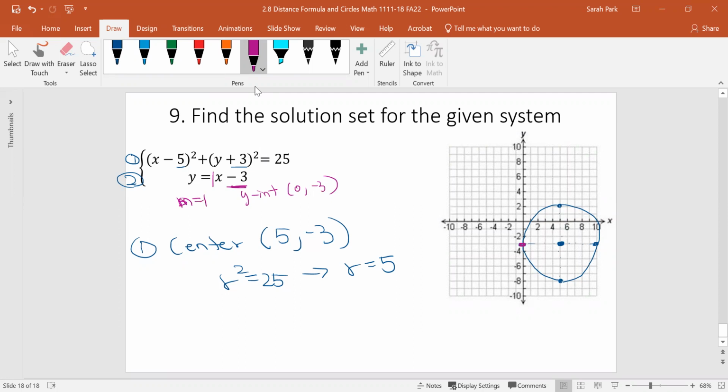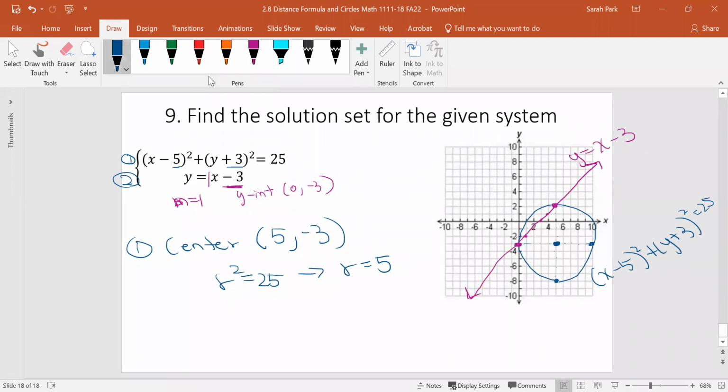We would go up 1 over 1, up 1 over 1, up 1 over 1, and here's a straight line. Okay, so here we just graph y equals x minus 3, and also graph the circle x minus 5 squared plus y plus 3 squared equals 25.